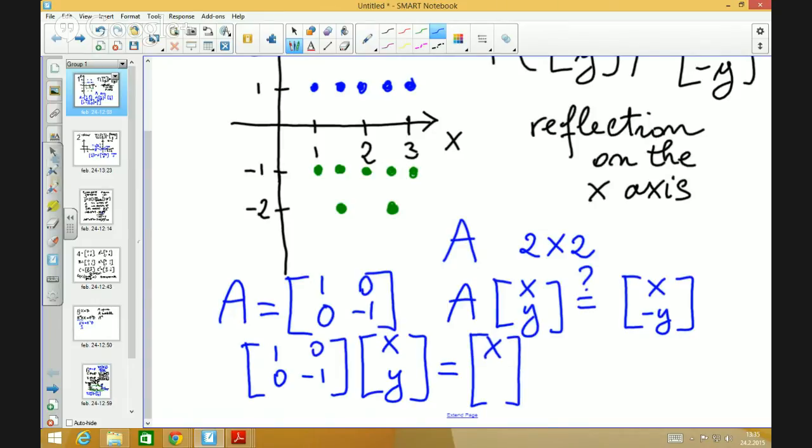Then 0 times x plus minus 1 times y. We get minus y. That's exactly what we wanted, isn't it? So this matrix actually induces the transformation, which is the reflection on the x-axis. So another way of computing the effect of T on a vector is to multiply that vector by this matrix.